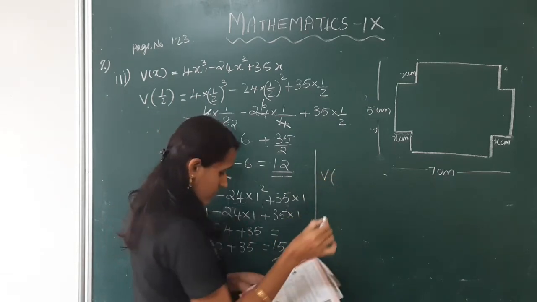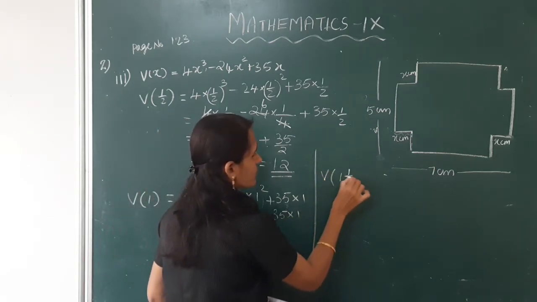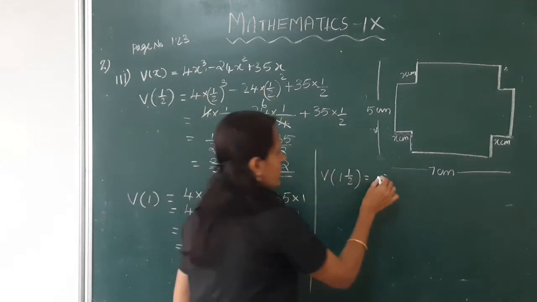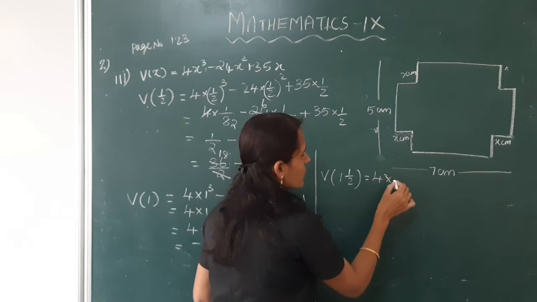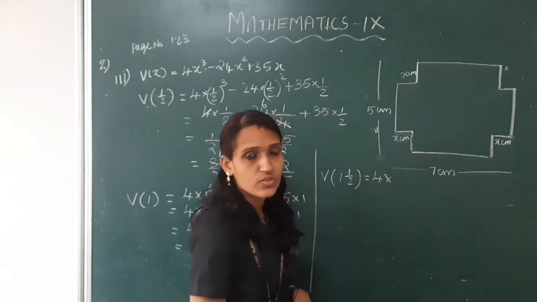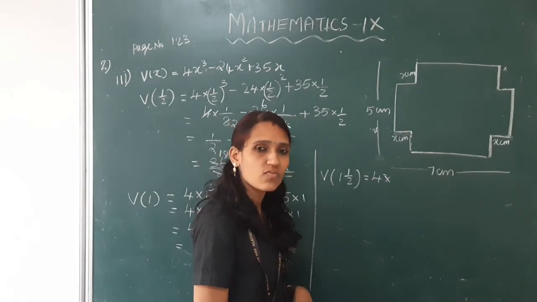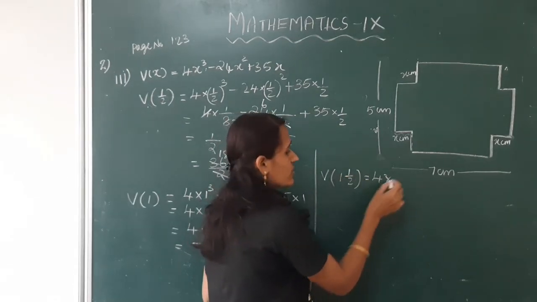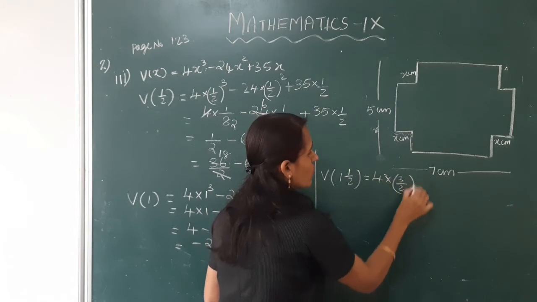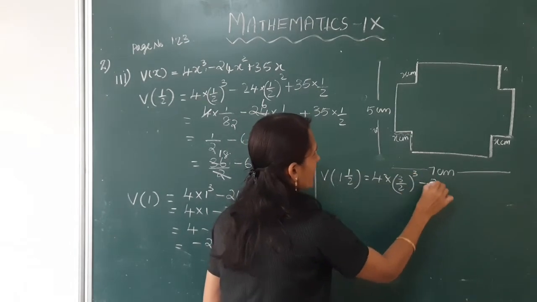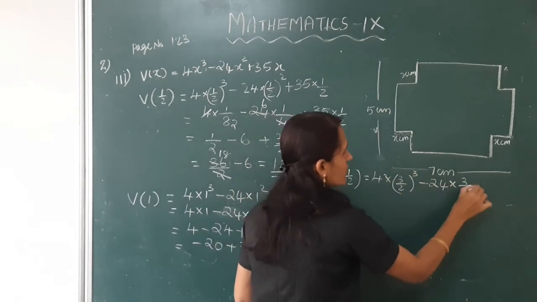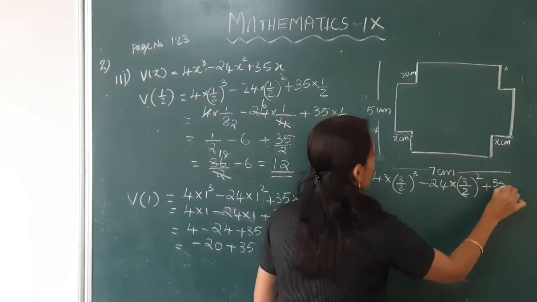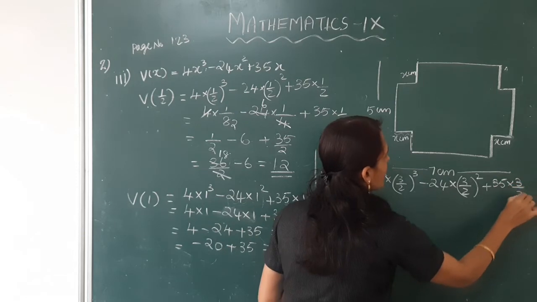Next, V of 1 by 2. Instead of x, substitute 1 by 2: 4 into 1 by 2, which is a mixed fraction. Convert into an improper fraction: 1 into 2, 2 plus 1, 3 by 2. 3 by 2 whole cube minus 24 into 3 by 2 whole square plus 35 into 3 by 2.